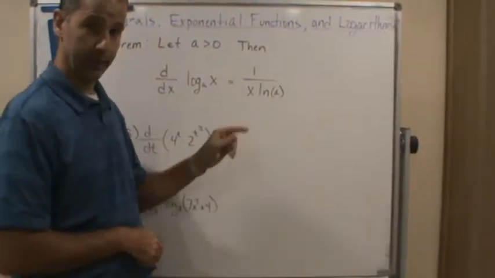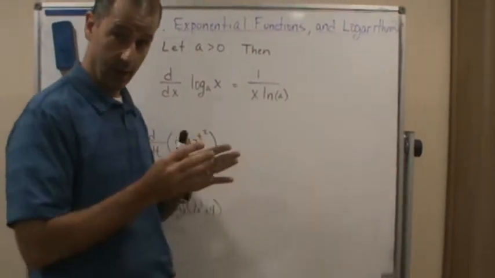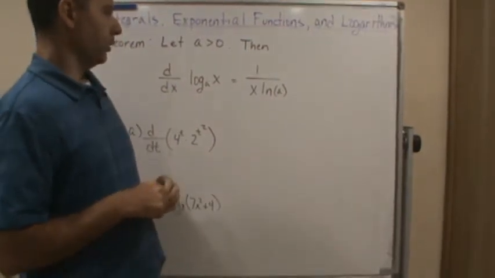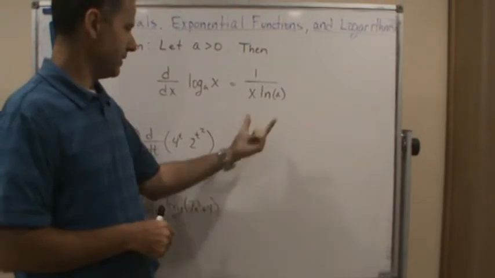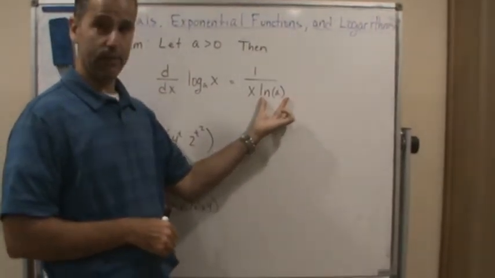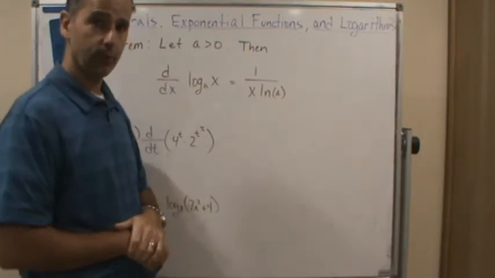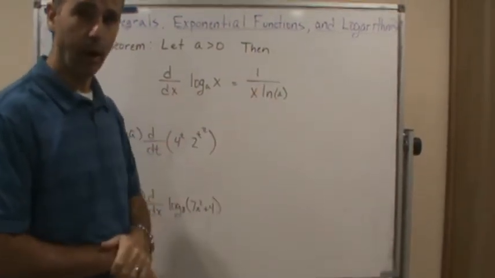So this is where we get 1 over x. This general formula also includes the other formula from when we were dealing with natural logs. We're applying the same thing, but this time we have to divide by the natural log of the base. But in the specific case of the natural log, that just turned out to be 1.